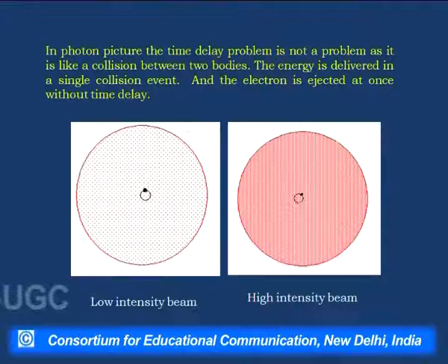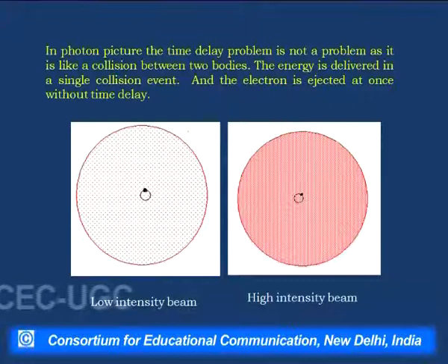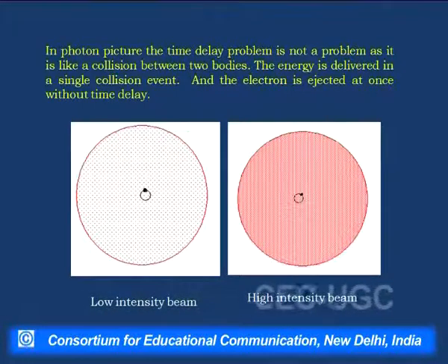Suppose we have a beam of light, and here we have shown this atom and an electron. If the intensity of the light is small, that means we are considering light as a wave and the intensity is less.